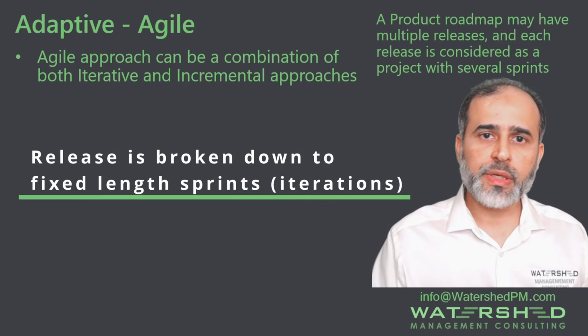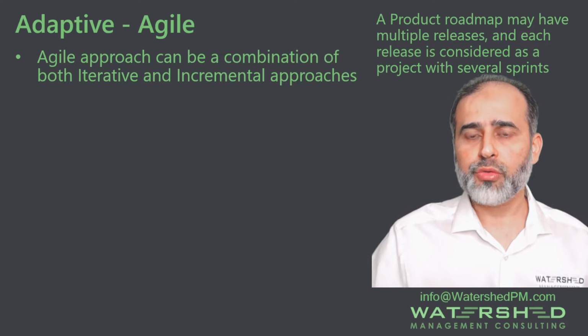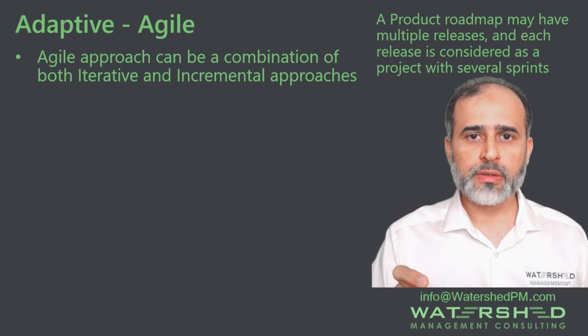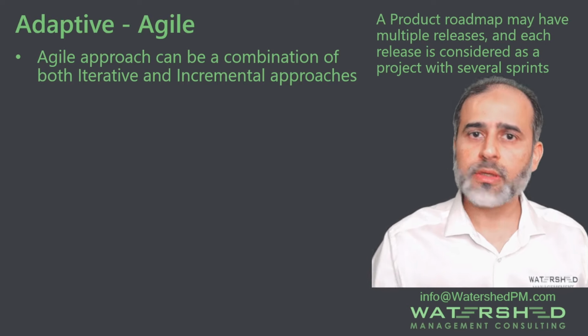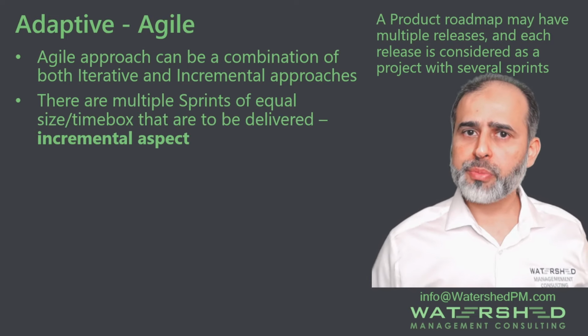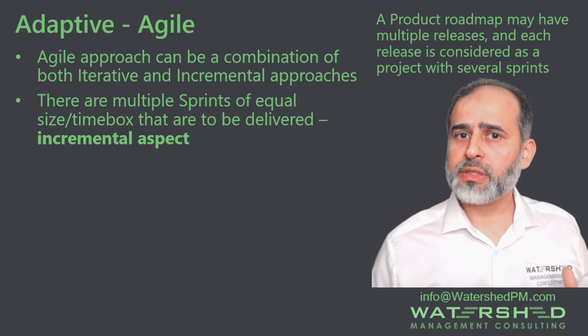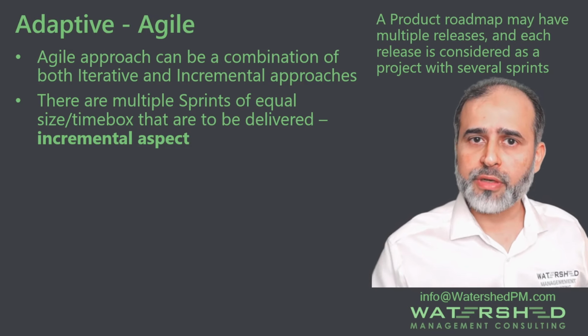Let's say the sprint duration is 2 weeks, and therefore there's a delivery that's expected every 2 weeks. So you start a sprint, run it for 2 weeks, there's a delivery out of that. Then you start the next sprint, run it for another 2 weeks, and there's another delivery out of that. However, when you think of sprints, isn't each sprint sounding like a phase? So that's the incremental aspect of an agile project.